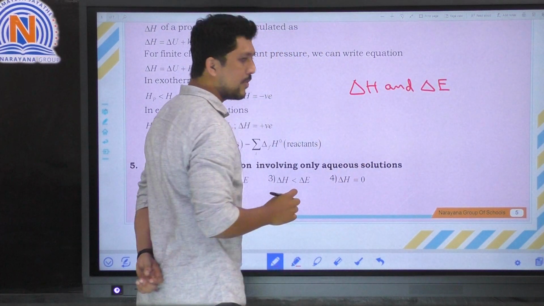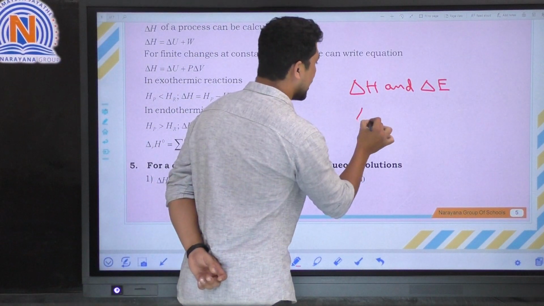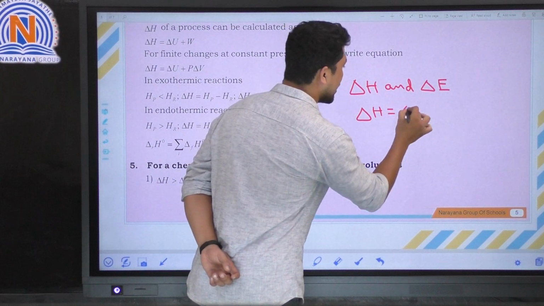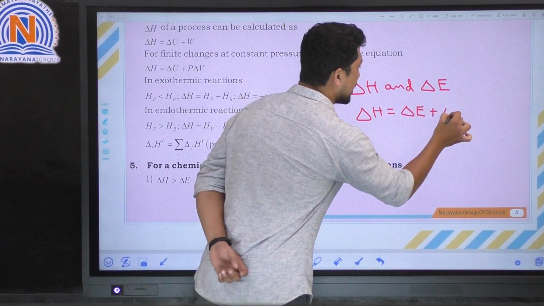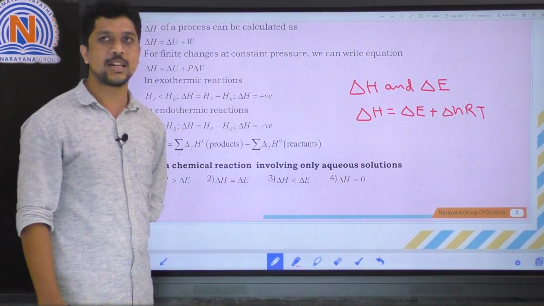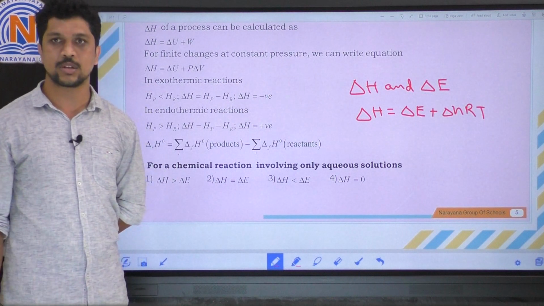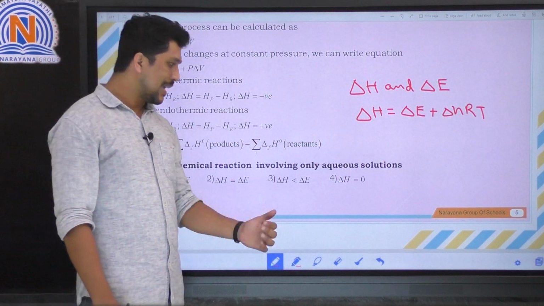The difference between delta H and delta E we can find by a formula, that is delta H equal to delta E plus delta n RT, right? Here delta n equal to the number of gaseous molecules in the products minus reactants.